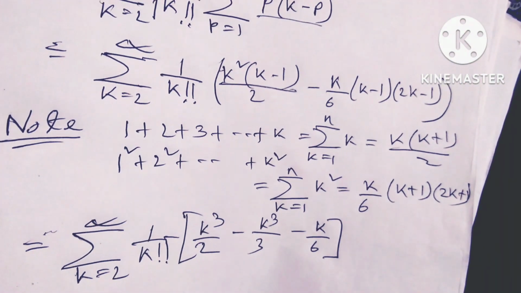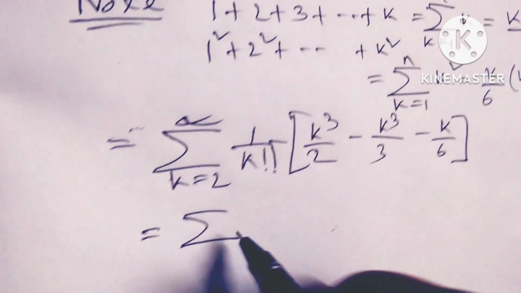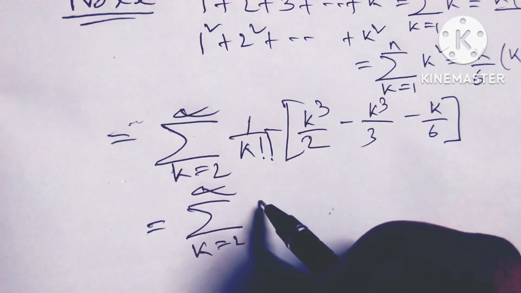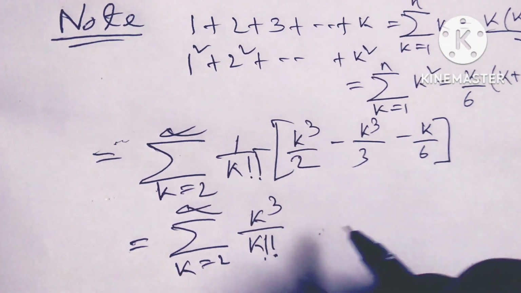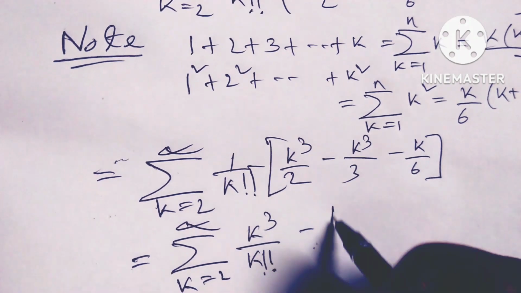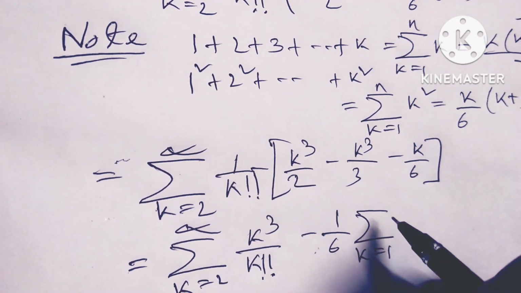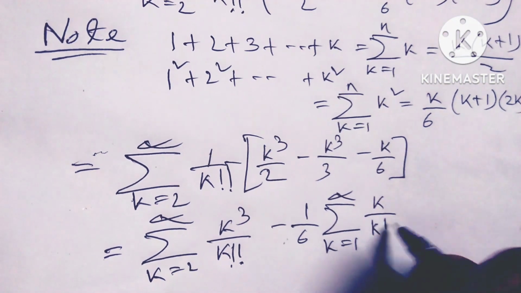Okay, and it can be written as the summation k equals 2 to infinity of k cube divided by k double factorial, minus 1 by 6 summation k equals 1 to infinity of k divided by k double factorial.